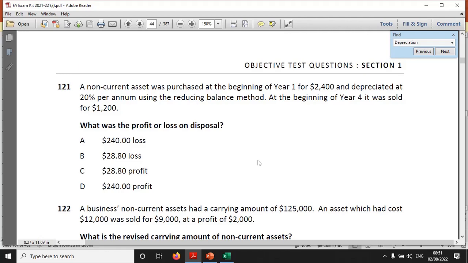So for how long did you use it? Chizungu. Those of you who will be listening to us, Chizungu means English. So it's 3 years. Do you agree? And it was sold for 1.2. What was the profit or loss on disposal?